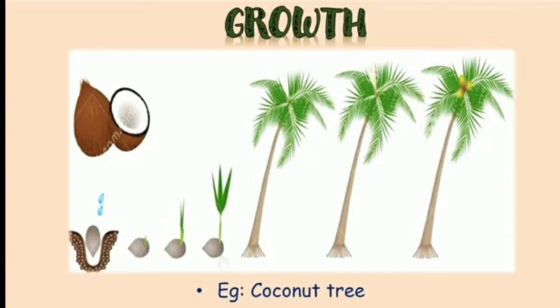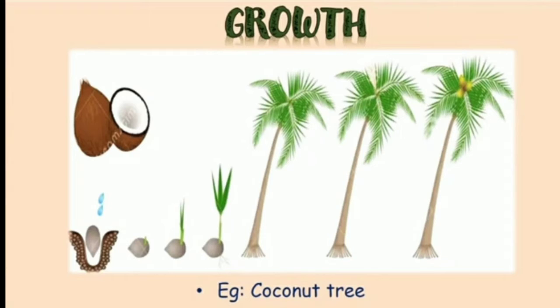For example, here you can see a coconut tree, right? A tree from the seed, it is growing to a sapling, then to a plant, then it grows to a huge tree. Understood?